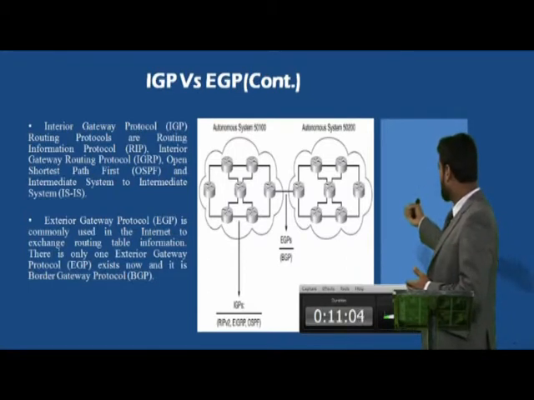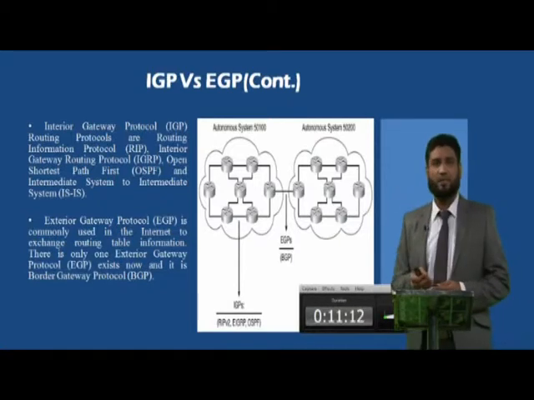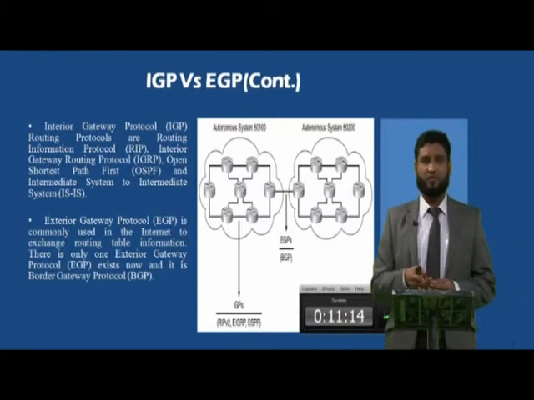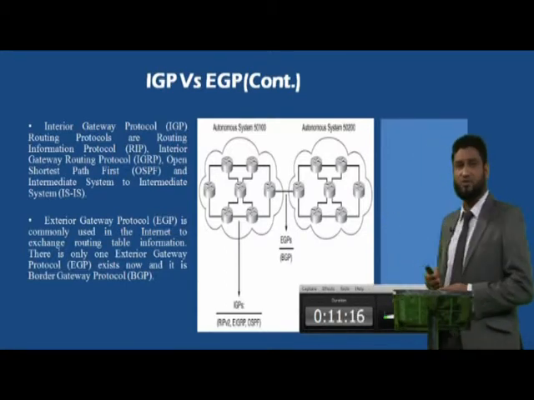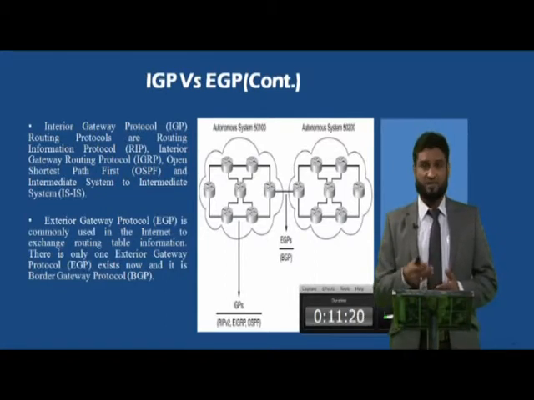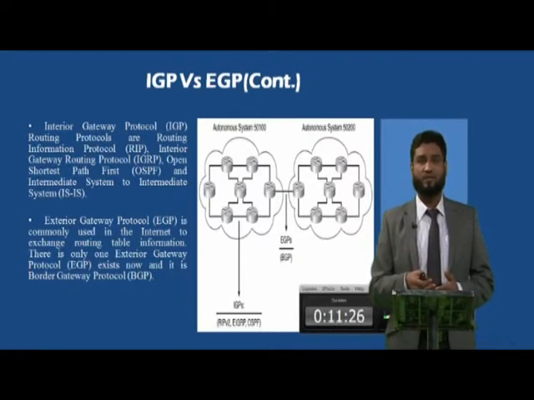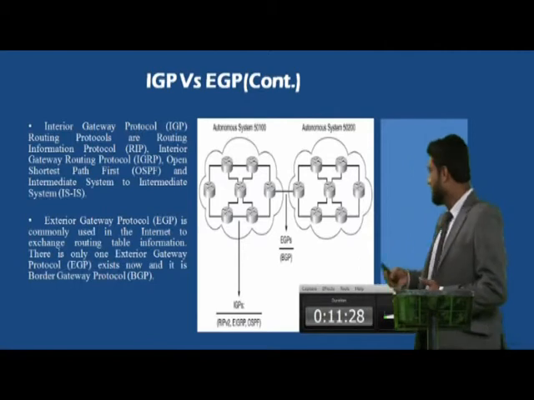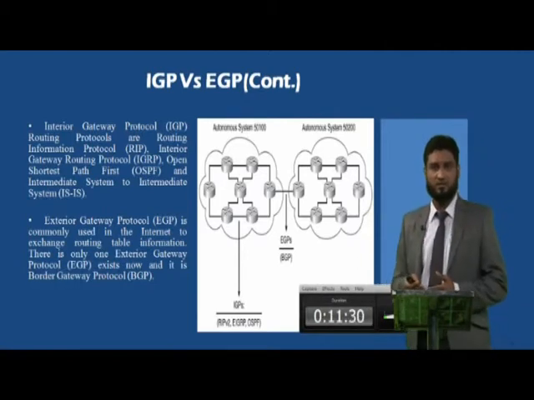In the other figure also, these IGP protocols can be used within the same autonomous system. But the question is, if I want to access the second autonomous system from the first, who can do it? This is the EGP, exterior gateway routing protocol, and the example is BGP. BGP can communicate between these two different autonomous systems.